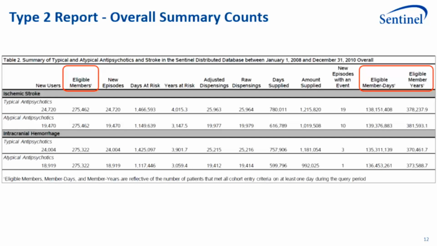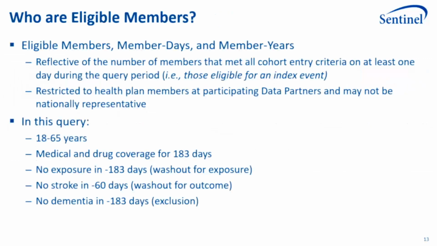They met the enrollment criteria. They did not have evidence of dementia in a certain set of time, et cetera. So on at least one day, if I met all of those criteria, I would contribute one eligible member to that column. If I met those criteria for 2 years, I would contribute that number to the number of member days.